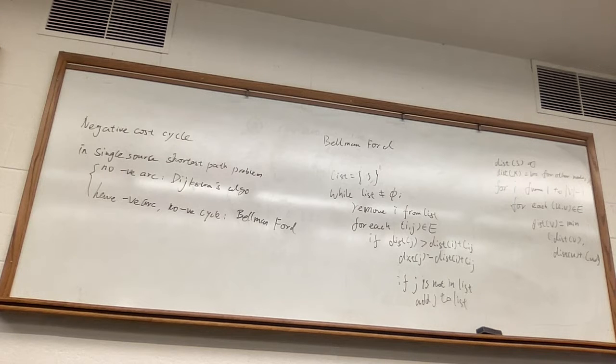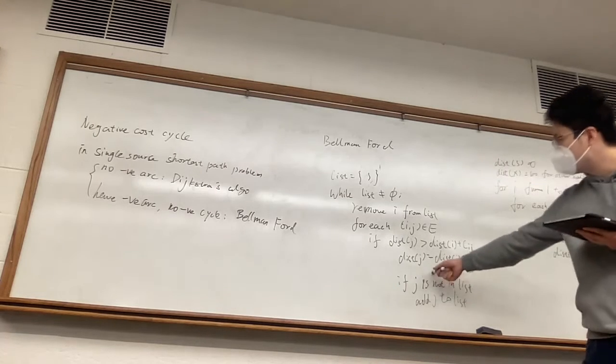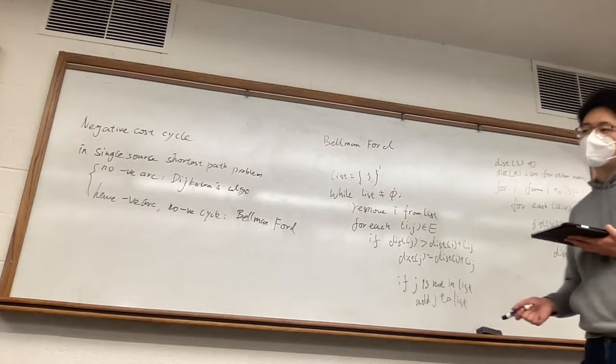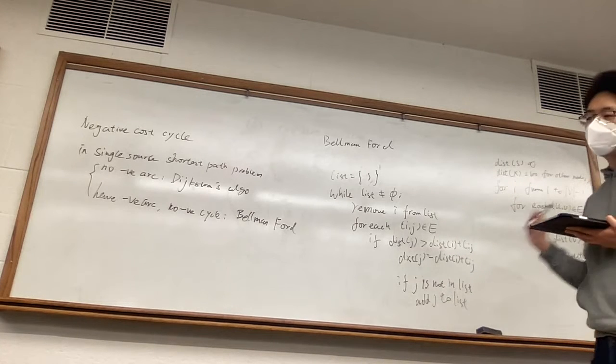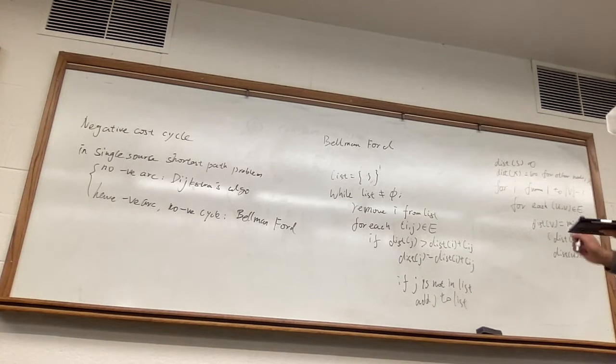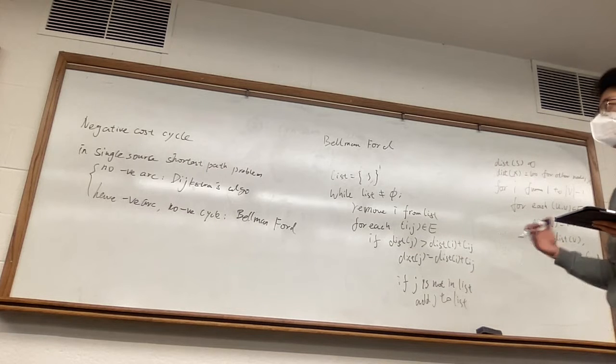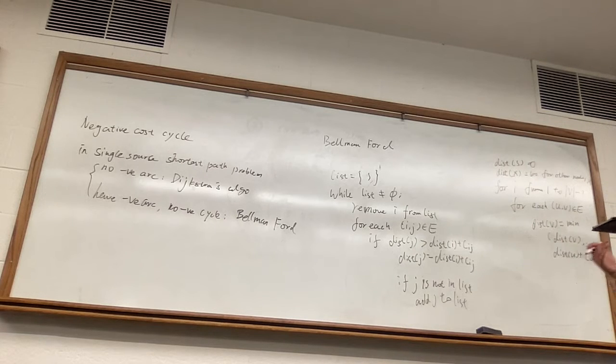So my next question is, why does this also work? If you are using a while loop in programming, you do not know how many times it should iterate. But when you are using a for loop, you know how many times it should iterate. In this case, I set for i equals 1 to v minus 1.